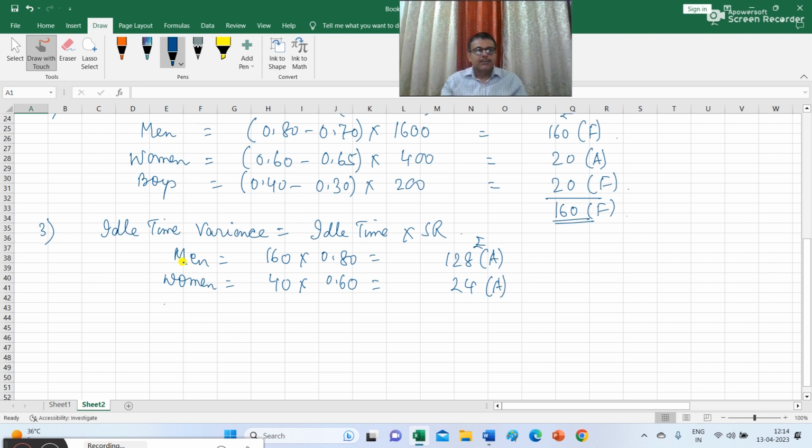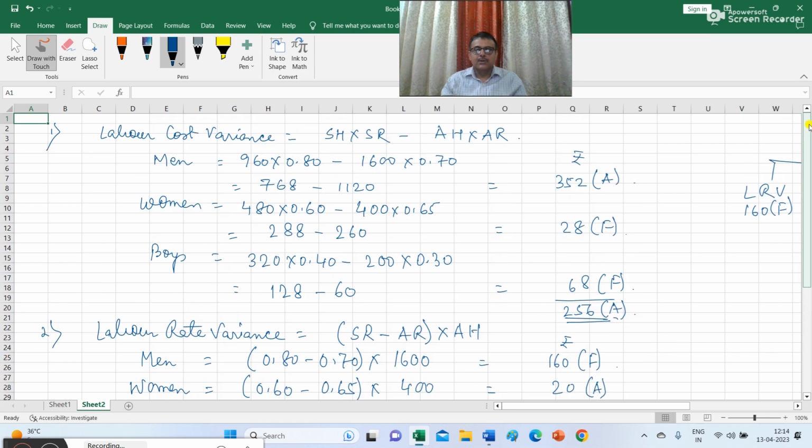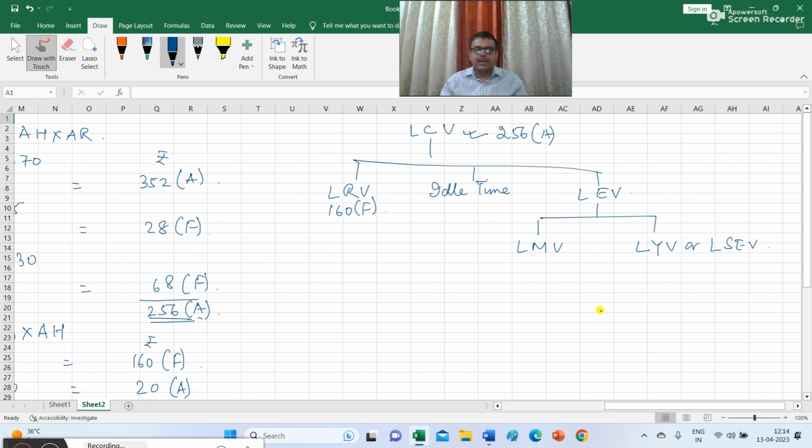Idle time variance is always adverse, obviously. And for boys, this is 20 hours, multiply this with 0.40 and you will get rupees 8 adverse. So 160 adverse is the idle time variance. So in idle time variance, I am writing 160 adverse.